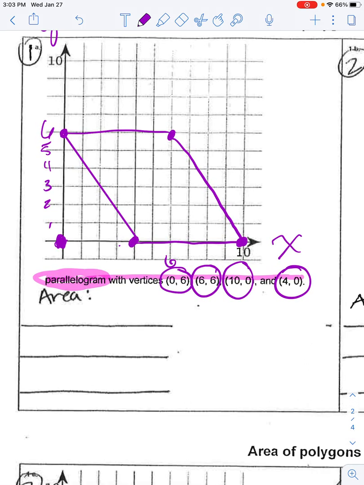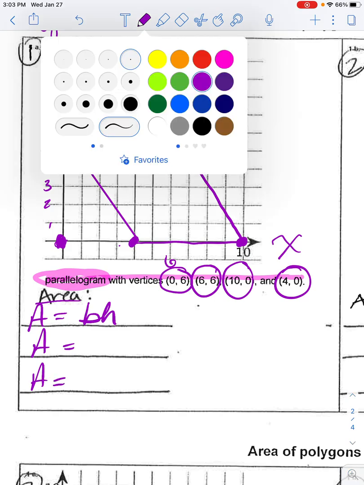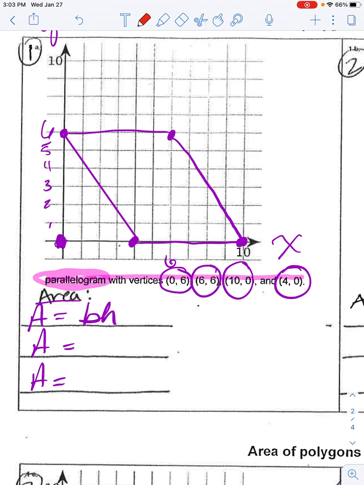Now we're going to find the area. Top line, formula. Second line, substitute. Third line, solve. The base is 1, 2, 3, 4, 5, 6 units. The height from the point straight down, 1, 2, 3, 4, 5, 6 units again.